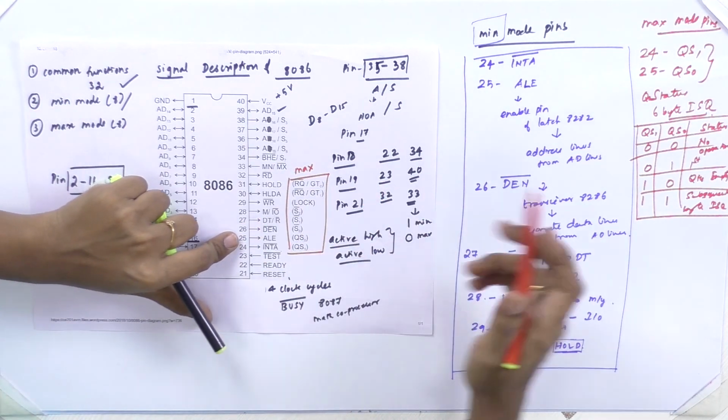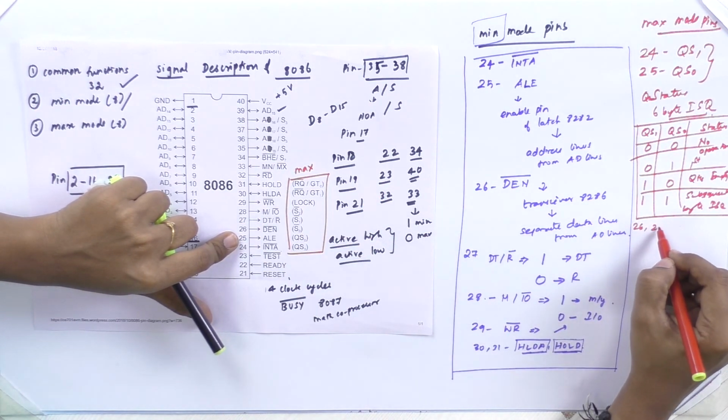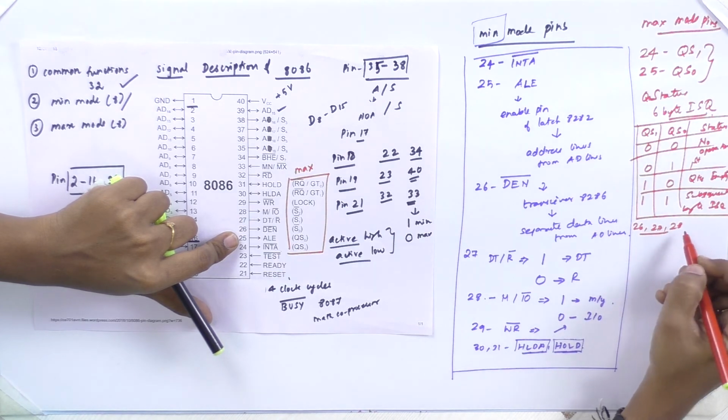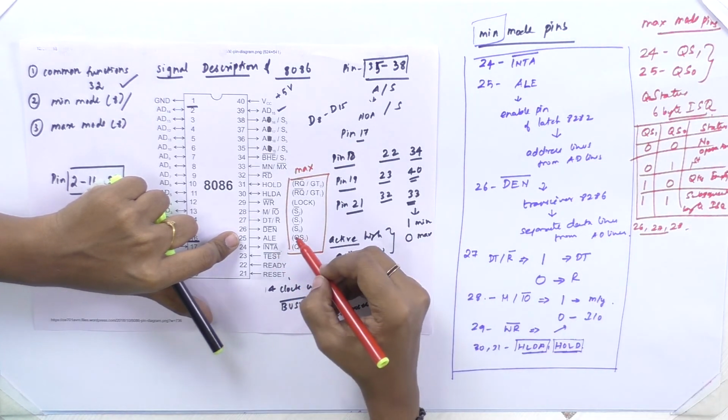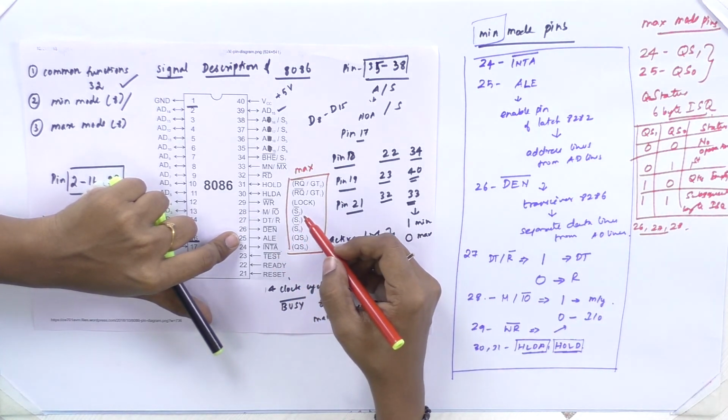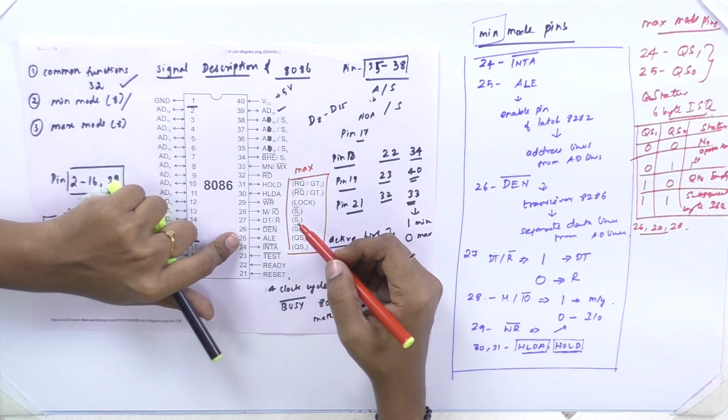Next, pin numbers 26, 27 and 28 are called status pins, indicated by S0, S1 and S2, and all of these are active low pins.